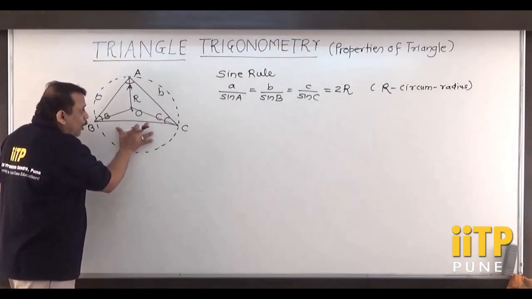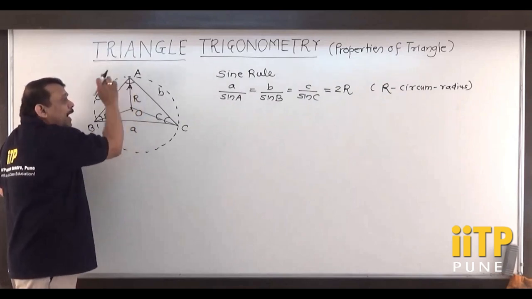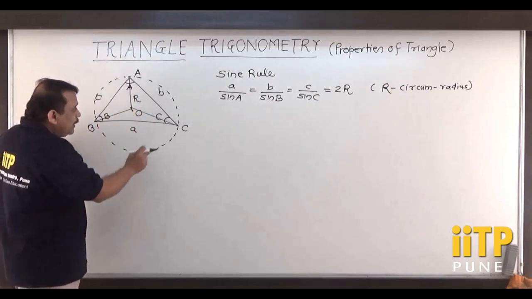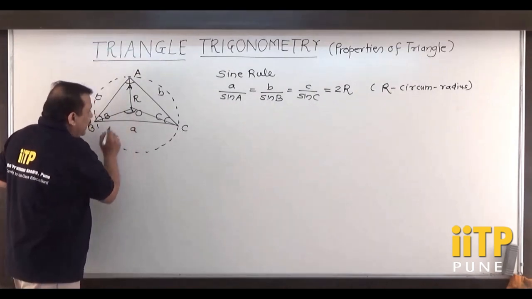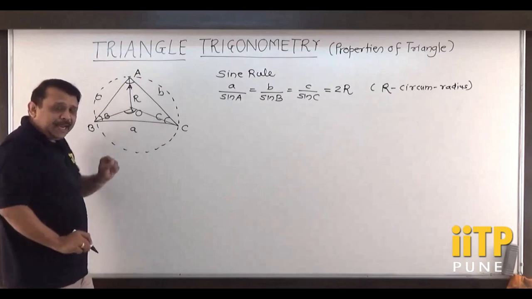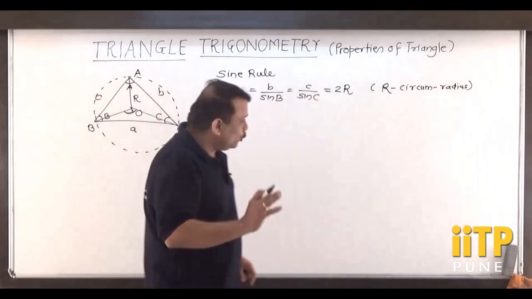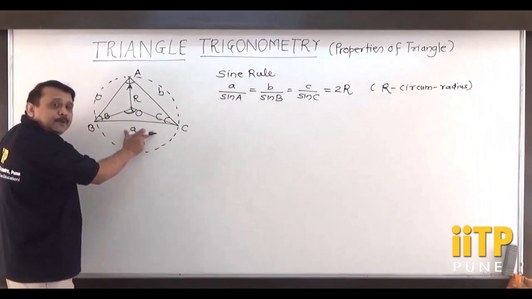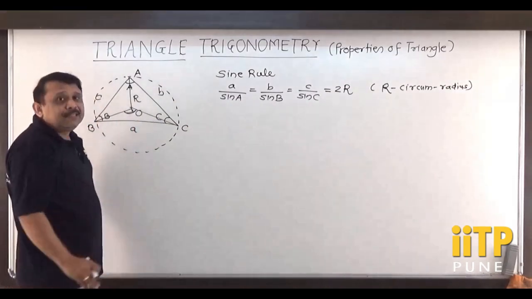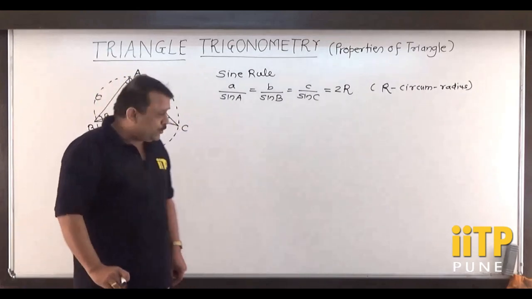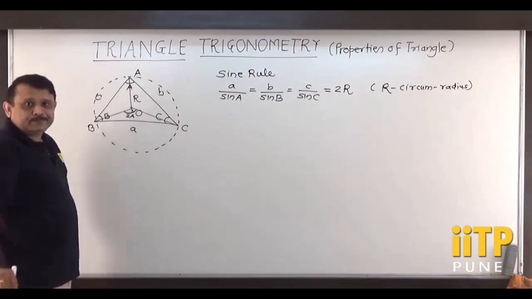So this chord BC subtends an angle A at the circumference, and this BC also subtends some angle BOC at the center of the circle. From the geometry, we know that the angle subtended by BC at the circumcenter is double that at the circumference. So if this is A, this must be double of A.